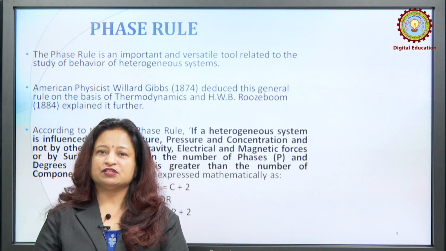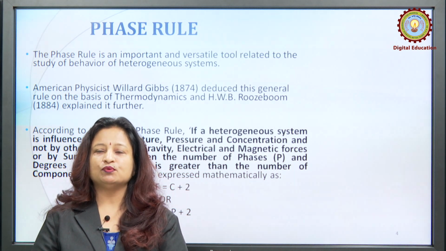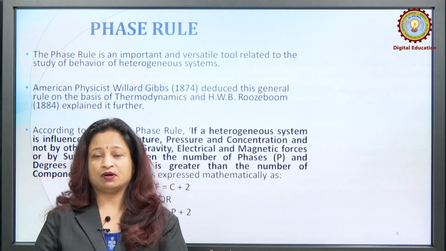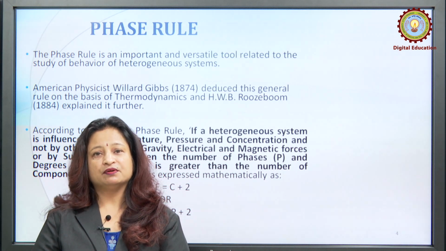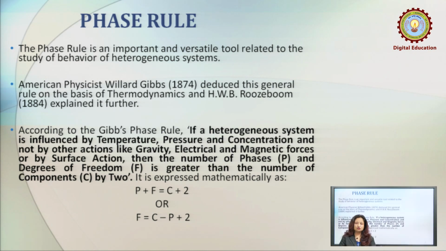What do we mean by phase rule? In earlier session also we have discussed that the phase rule is an important tool, a kind of versatile tool related to the study of behavior of heterogeneous systems. So, American physicist Willard Gibbs in 1874 deduced this general rule on the basis of thermodynamics, and it was H.W.B. Rosenbaum in 1884 who explained it further.